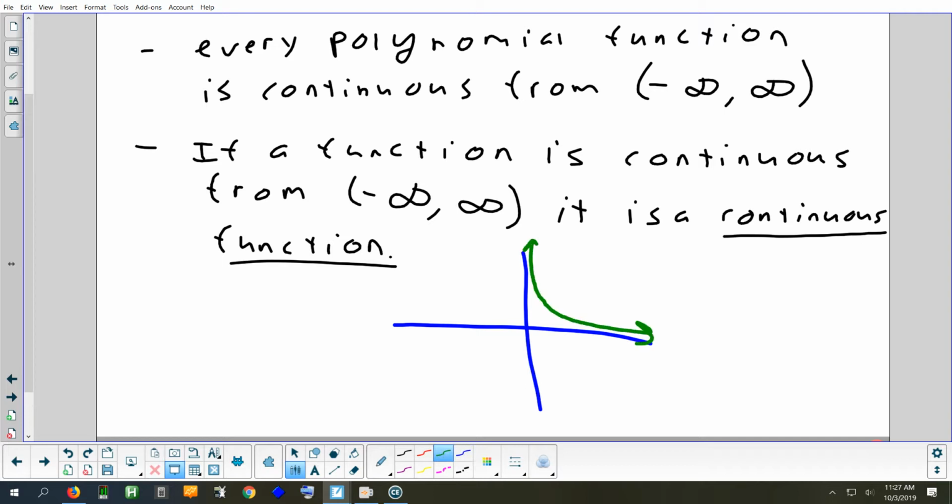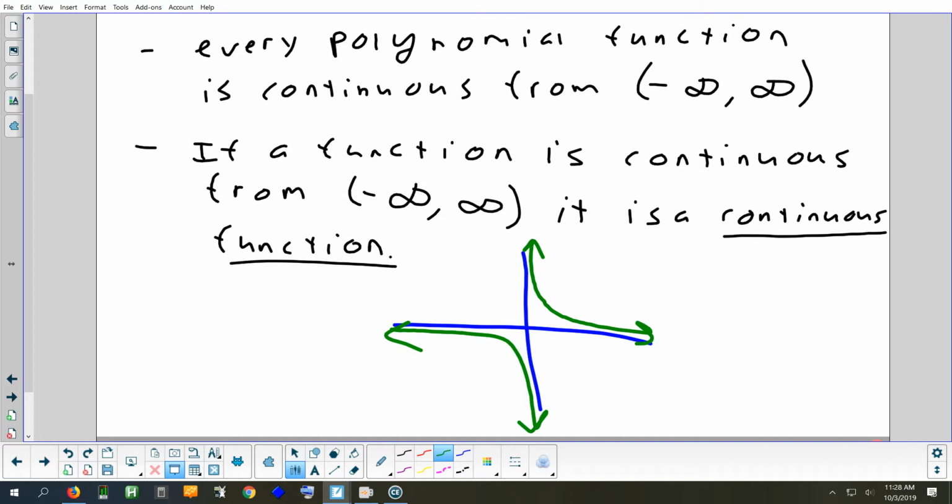Kind of curved like this and like this. Is that graph in green a continuous function? What do you think, Karen? How come? Yeah, it's in two separate sections. There's a vertical asymptote at 0. Okay, so that is not a continuous function.